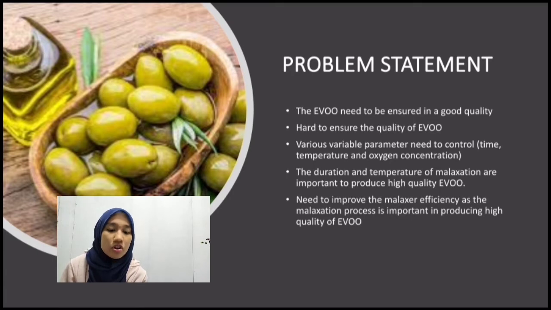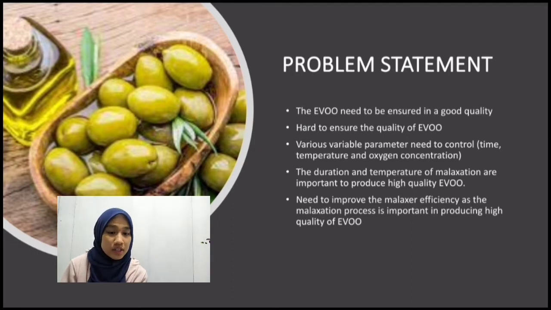So, in order to get high quality EVO, the producer needs to know the right temperature to operate. Besides, the malaxation process also needs to be operated at a mild temperature for 30 to 45 minutes.